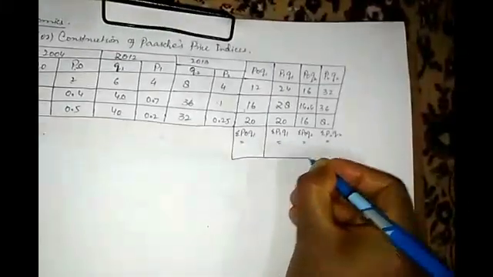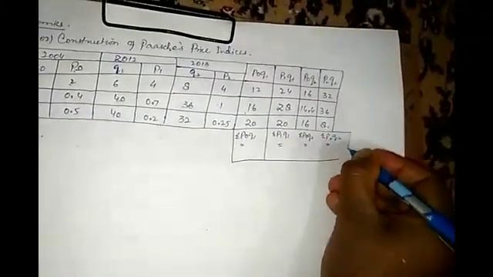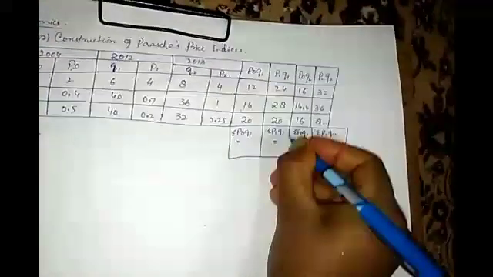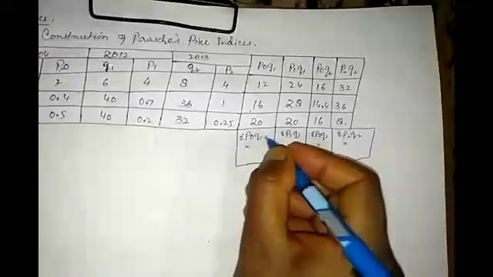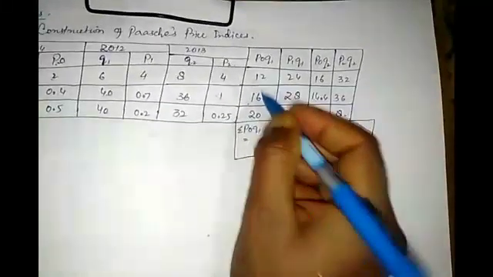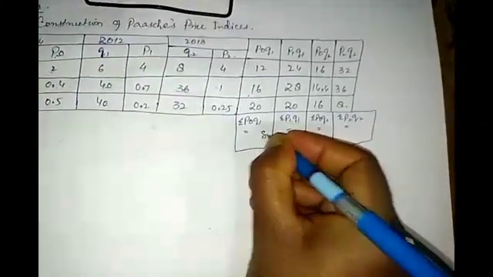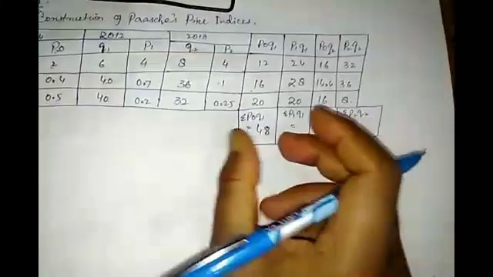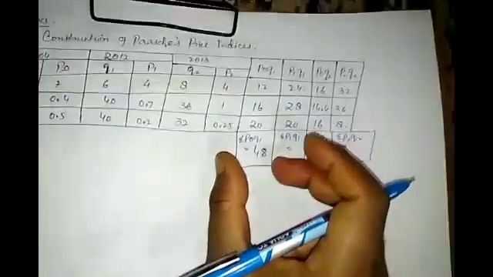These are the necessary elements that we need in this numerical. Now the summation of P0Q1 is equal to 48.